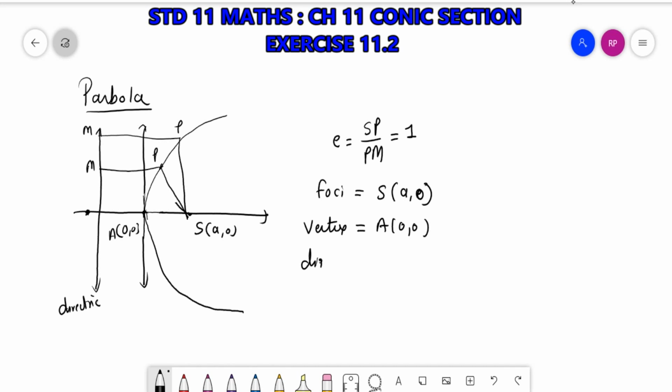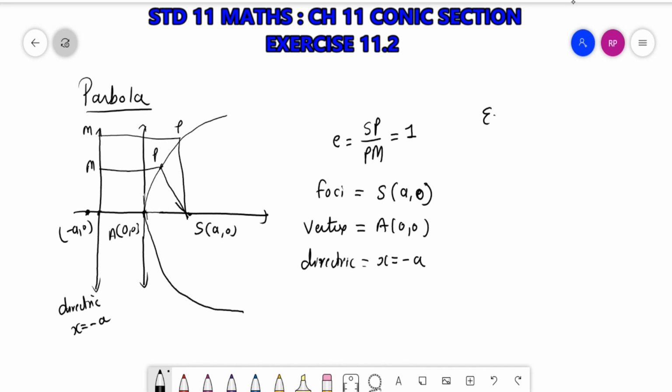The equation of the directrix: here the directrix is a line such that for any point of the curve, the ratio SP upon PM will be equal to 1. So here the directrix will be x equal to minus a. Okay, this is minus a, means this point will be (minus a, 0).